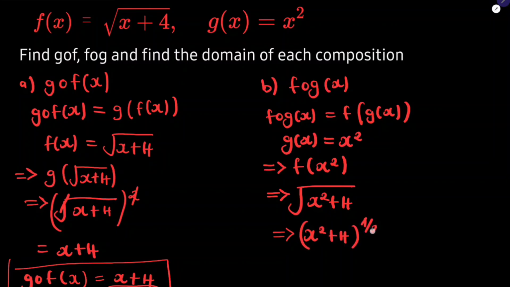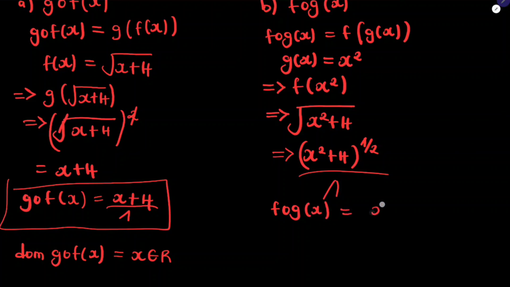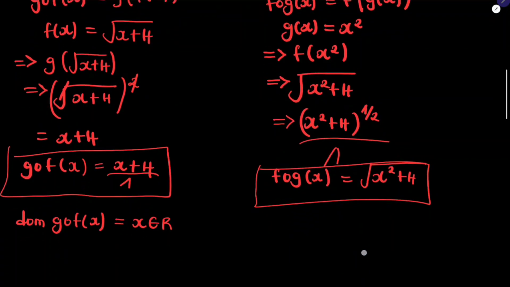We can also write it like that. Again, this has a denominator of 1. So let's conclude: f of g of x is equal to the square root of x squared plus 4. So that is what we have.